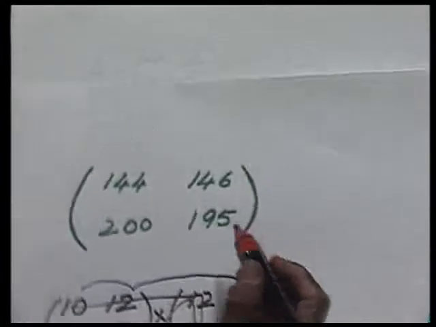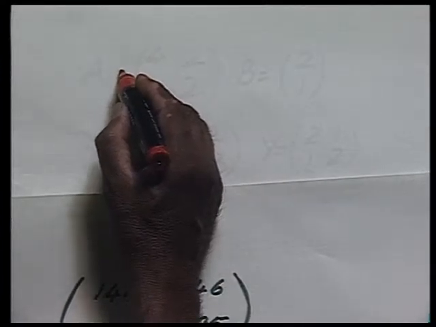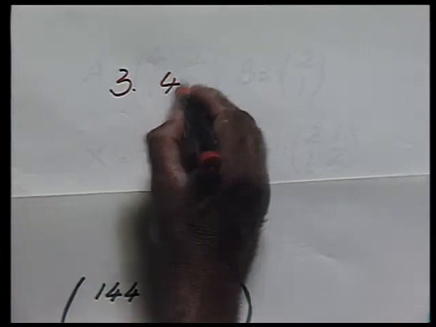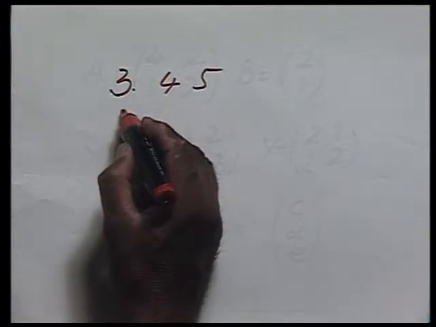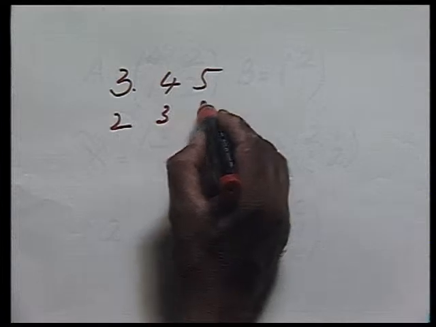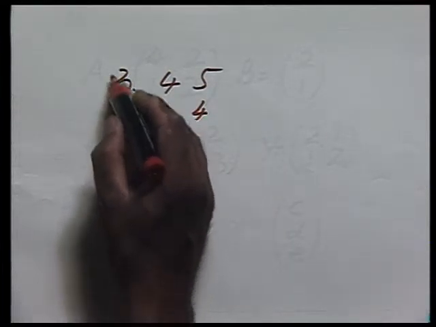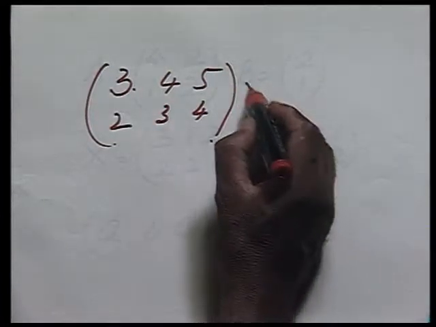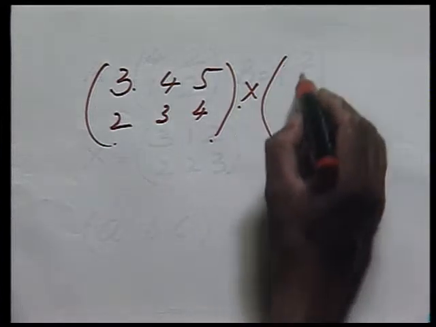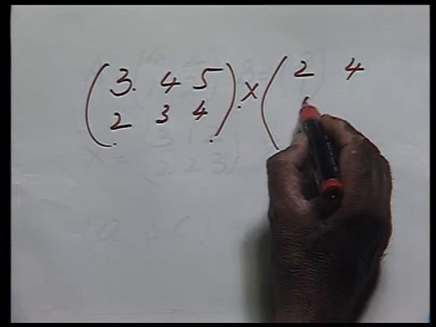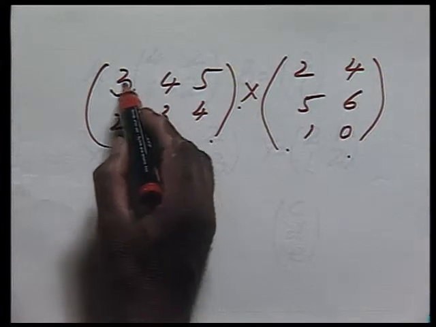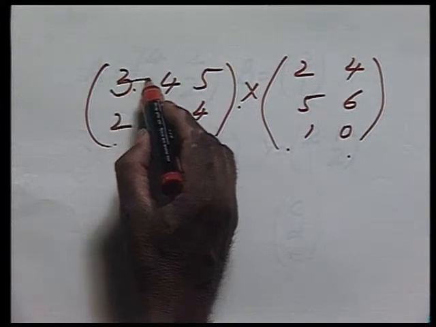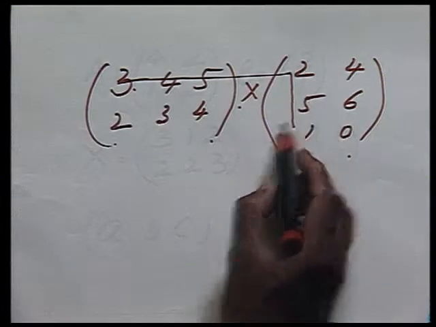Let us have another situation and try to see what happens when we are multiplying these matrices. There is one row, 2, 3, 4, and now we want to multiply this with this matrix. Follow the same process, multiply these with these, this comes as the first element.